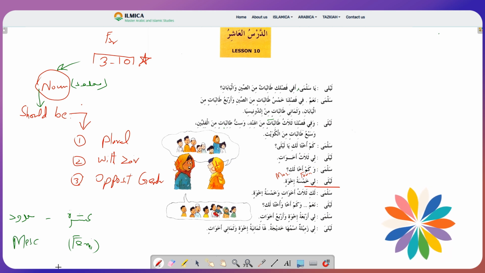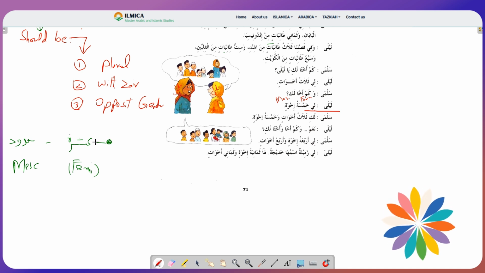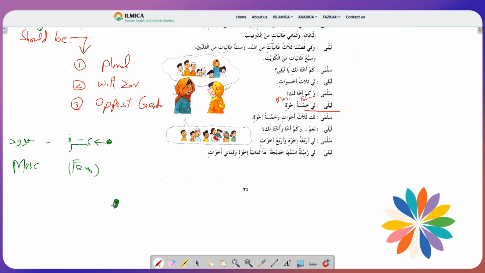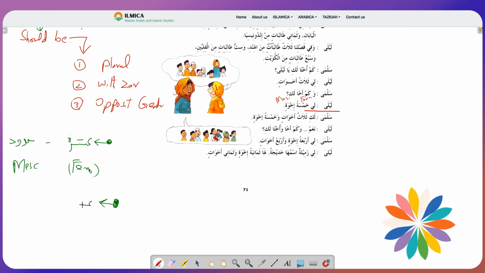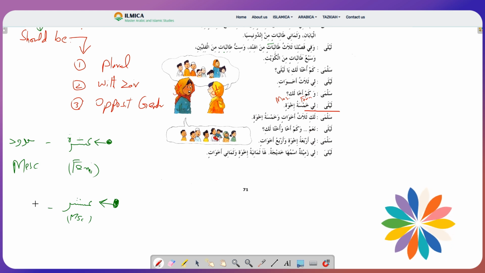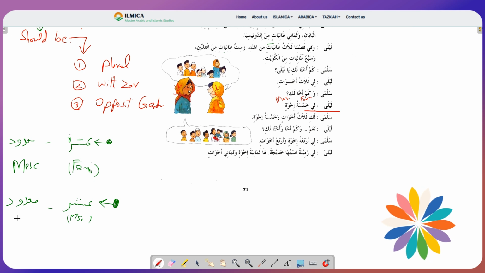But if the number is not feminine and is instead masculine, like ashara, there is no round ta, so it is masculine, so the madud, the noun, should be feminine.